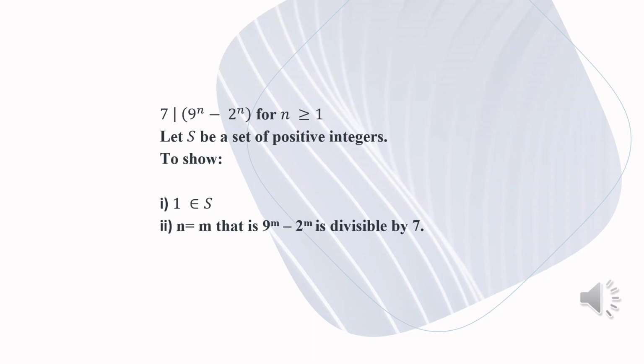To prove that 7 divides 9 to the power of n minus 2 to the power of n for n greater than or equal to 1, we need to show, first, 1 is an element of S, and second, if n equals m, that is, 9 to the power of m minus 2 to the power of m is divisible by 7. First, to show 1 is an element of S.